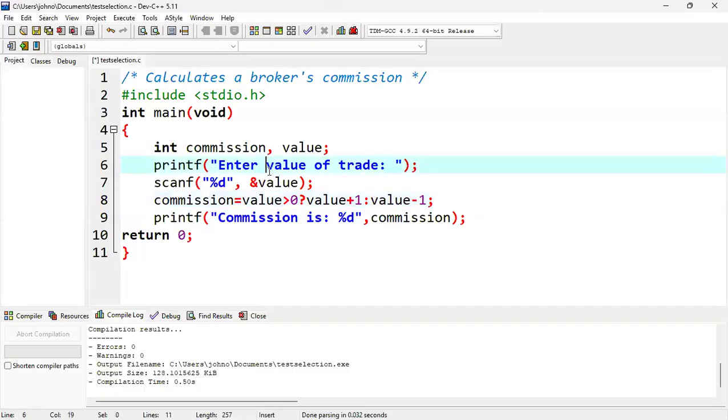We get the value, we check, is the value greater than 0? If the value is greater than 0, we add 1 to it and we store it inside commission. If it is not greater than 0, we subtract 1 from it and we store it inside commission. This is called the conditional operator, also called the ternary operator.